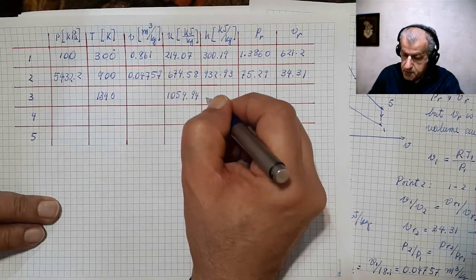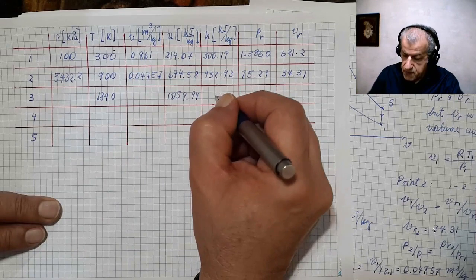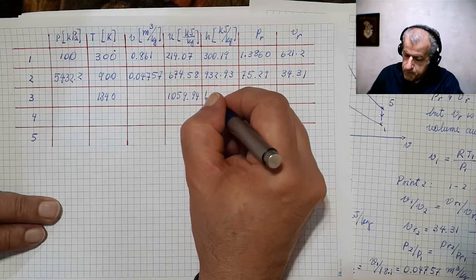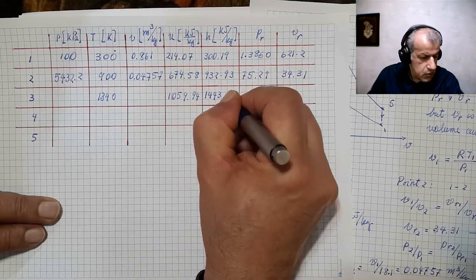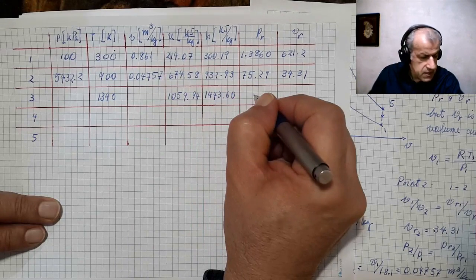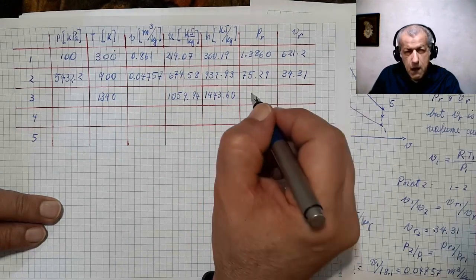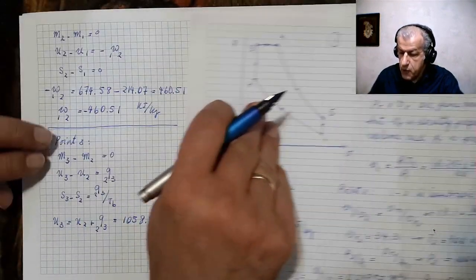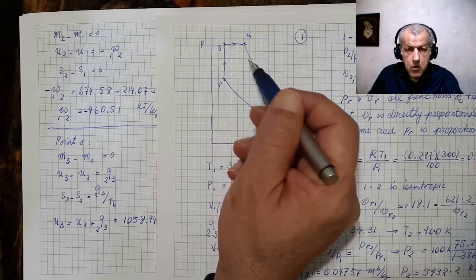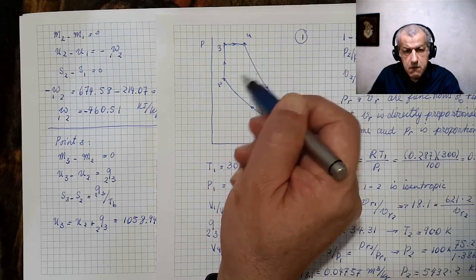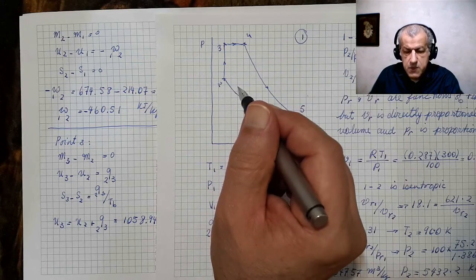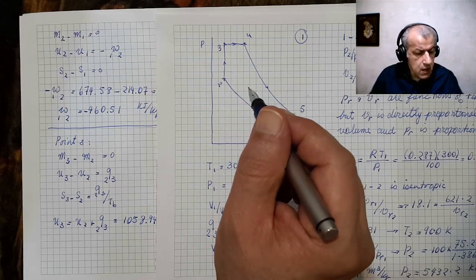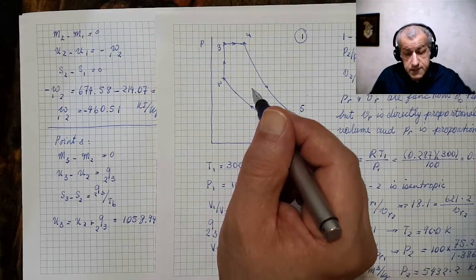That's the temperature. We don't have yet the specific volume, but we have H, which is 1443.60, PR and VR. Of course, we could read them, but they are irrelevant because point 3 neighbors no isentropic process. So we couldn't use PR and VR in that process. They would be of no use to us.